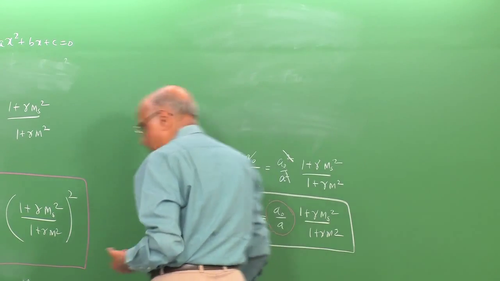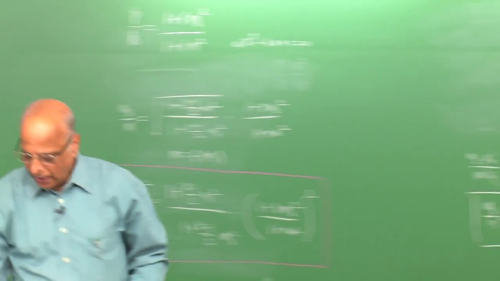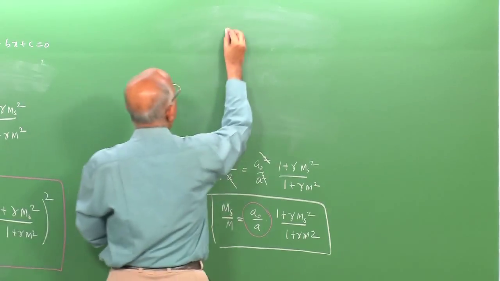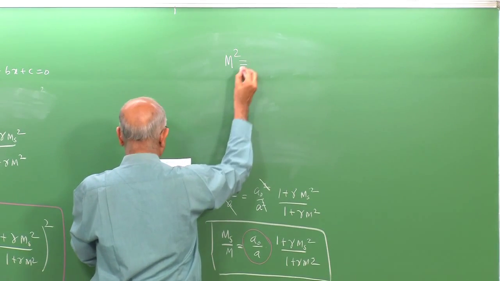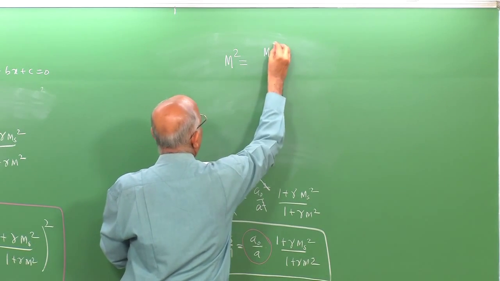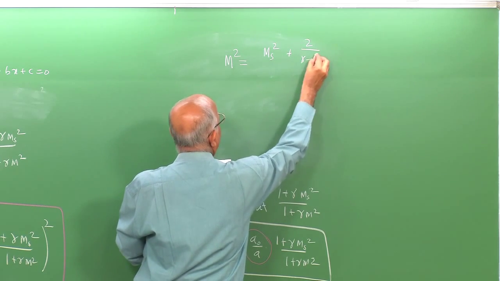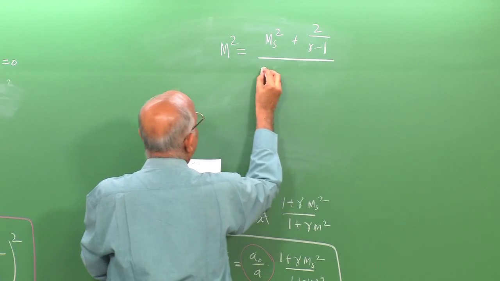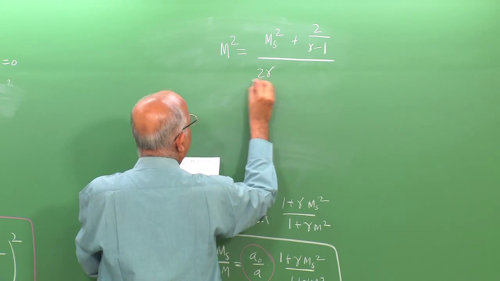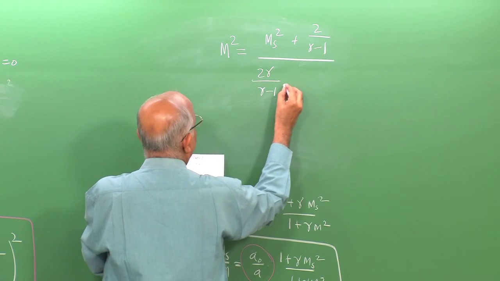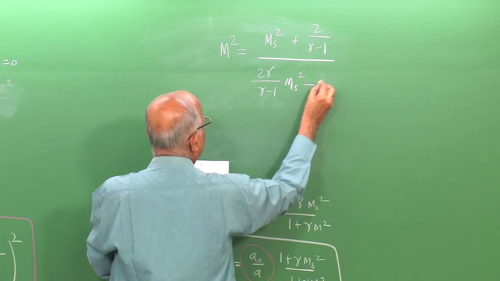The value I get is, let me write the expression. I get the value of m square as equal to ms square plus 2 over gamma minus 1, divided by 2 gamma divided by gamma minus 1 into ms square minus 1.